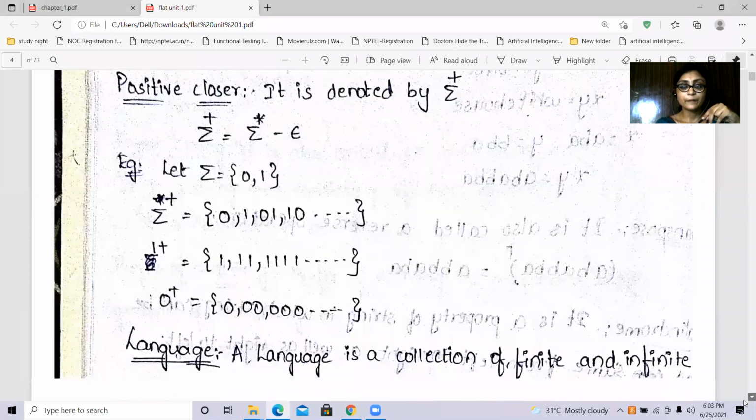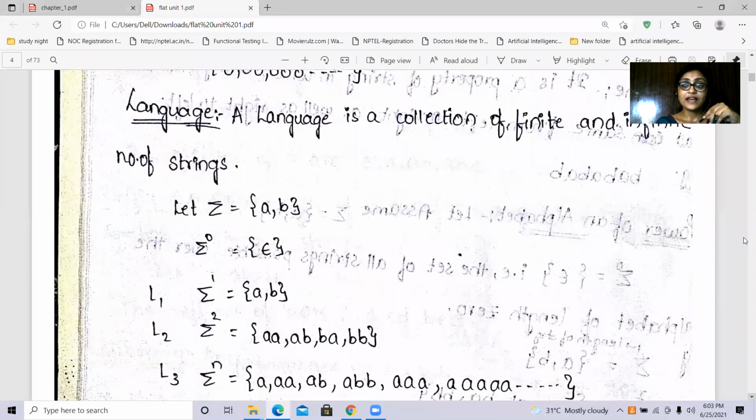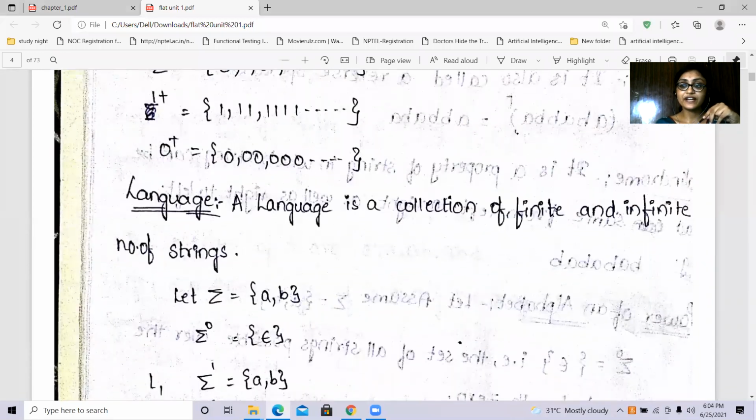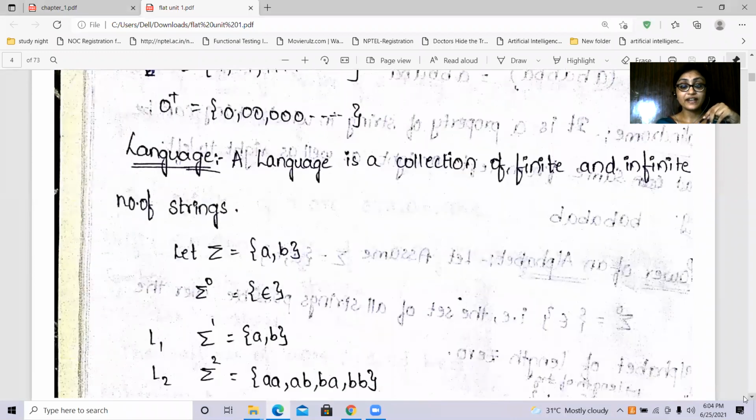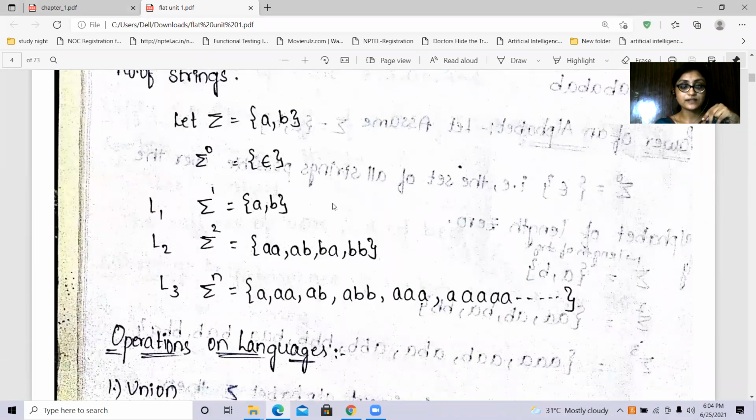And the next, language. A language is a collection of finite and infinite number of strings. For example, they have given an alphabet A, comma B, and also strings with length 0, length 1, length 2, and length n.